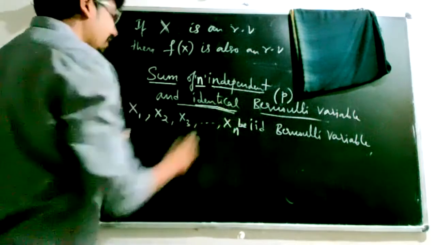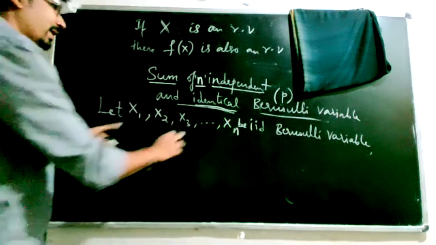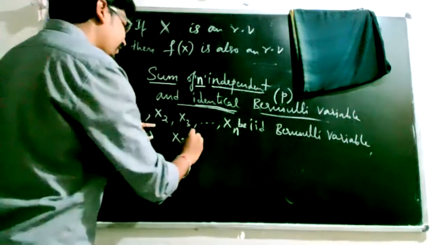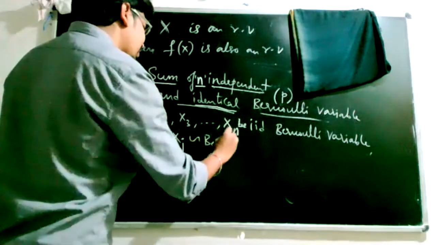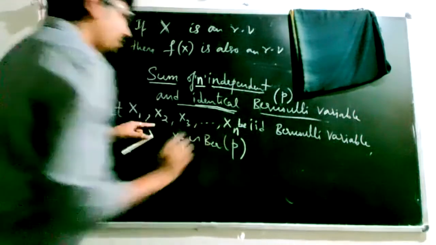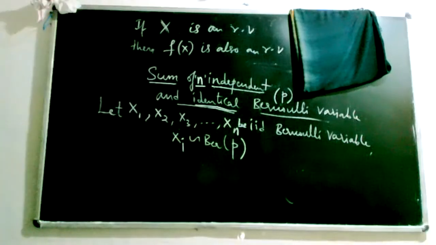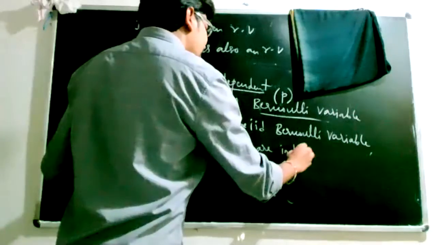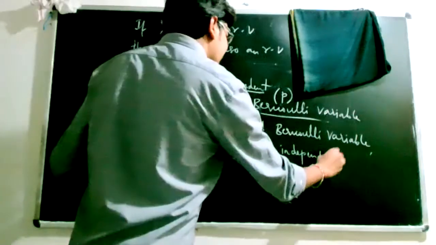We say they are independent, and they are identical in the sense that every xi follows the Bernoulli distribution with the same parameter p. This is the meaning of IID distribution.